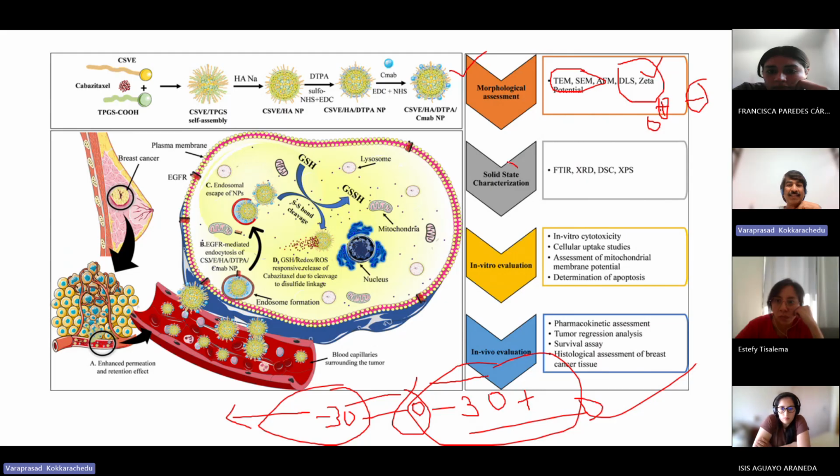And we can also study their other characterizations. Suppose when you use any drugs, any kind of molecules, we can do FTIR, XRD, DSC, and X-ray analysis. We're going to study this at the laboratory level, but we can't study all these things.